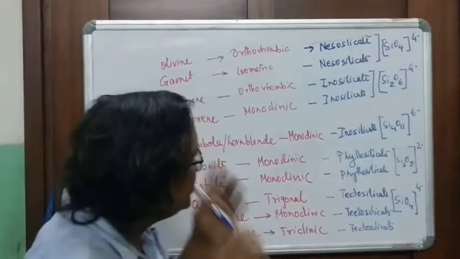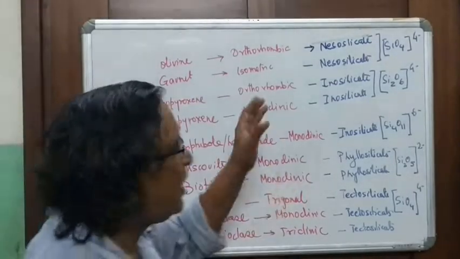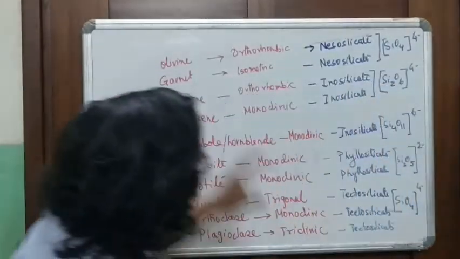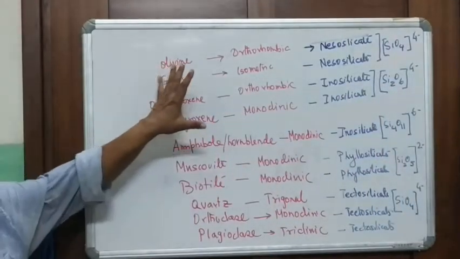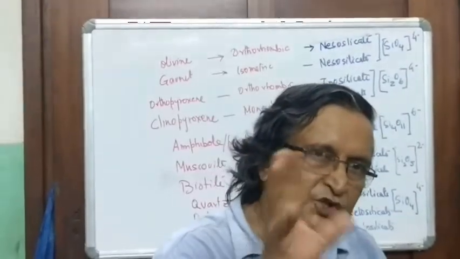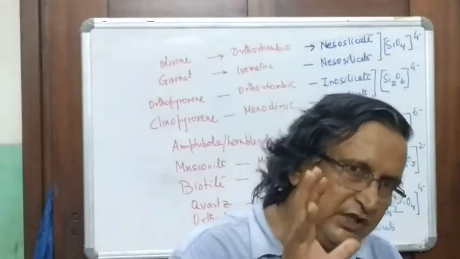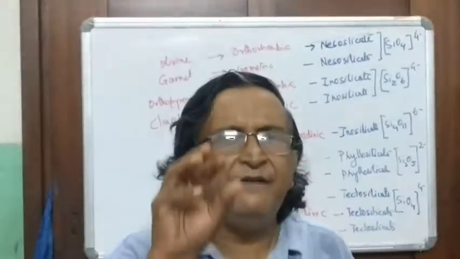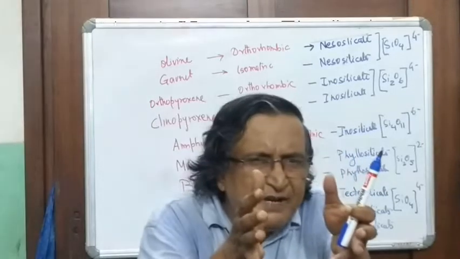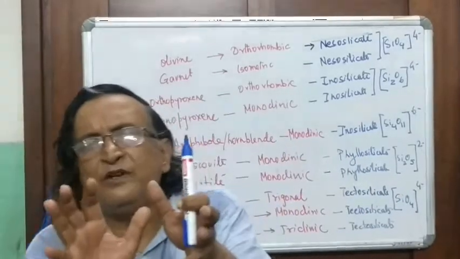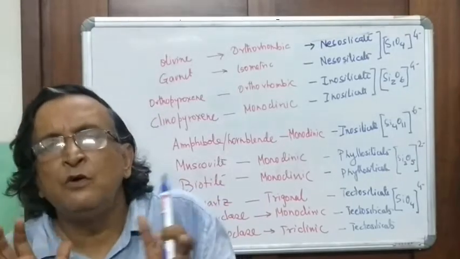Now, given this, I will tell you a little about the compositions of these minerals. Remember, we now know what solid solution is, so we will talk about the compositions. Again, I will talk about the compositions in a very brief way, not in great depth, just adequate for you to know what the mineral looks like.